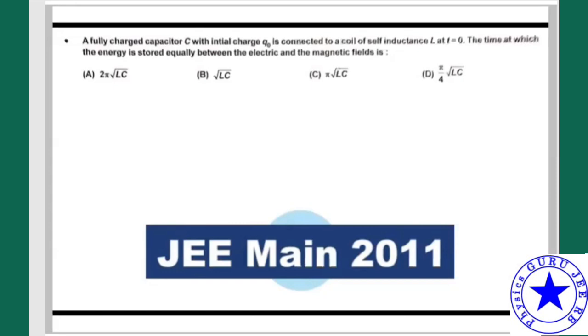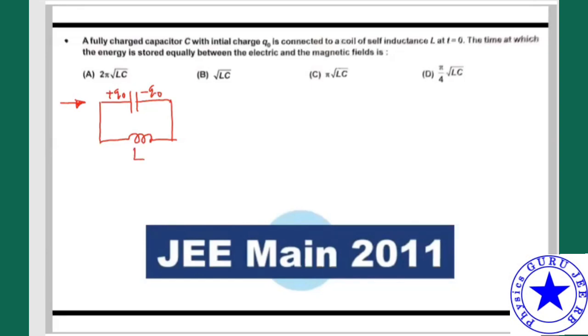So let us start. Let me take a capacitor connected to an inductor, with plus Q naught and minus Q naught on the capacitor plates.